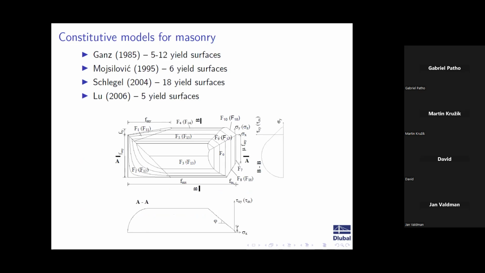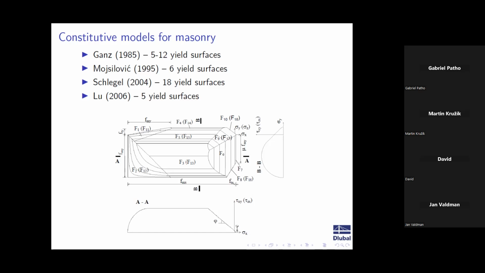So let's get to masonry and what we have from the literature. I think from the 1970s there have been different material models trying as much as possible to describe the realistic behavior of masonry.